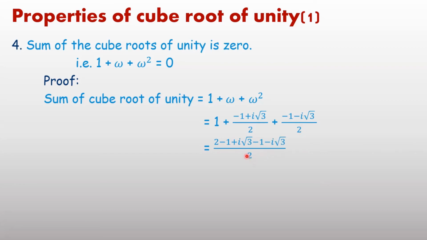Taking LCM and simplifying, plus i root 3 and minus i root 3 cancel out, 2 minus 2 cancels out, 0 upon 2 equal to 0. Therefore 1 plus omega plus omega square equal to 0.